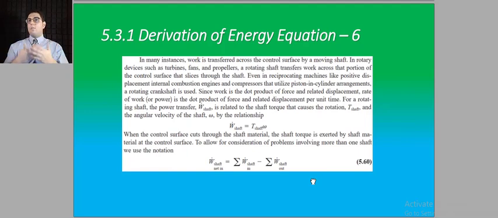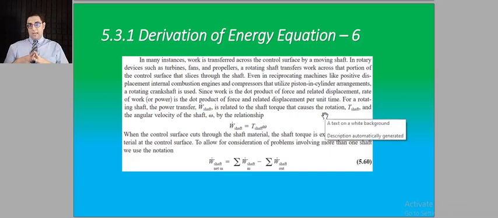Guys, there are a lot of works exerted on a system. First of all is the normal stress work, and the second is due to the shear stress.